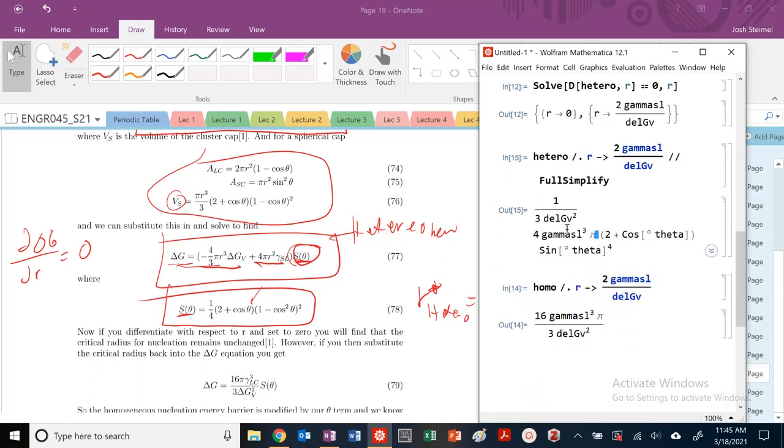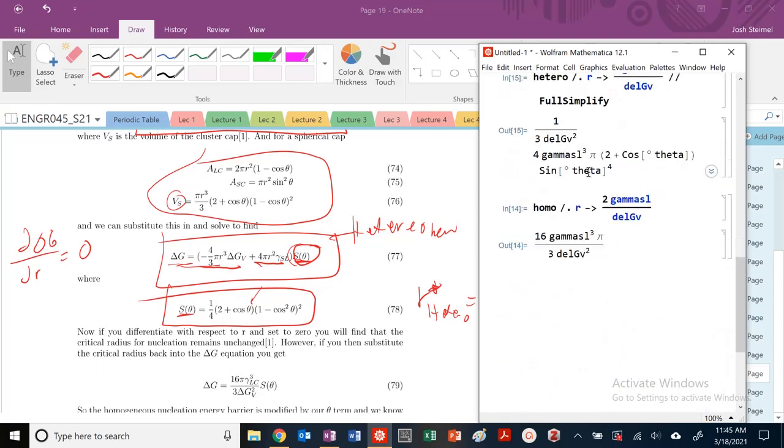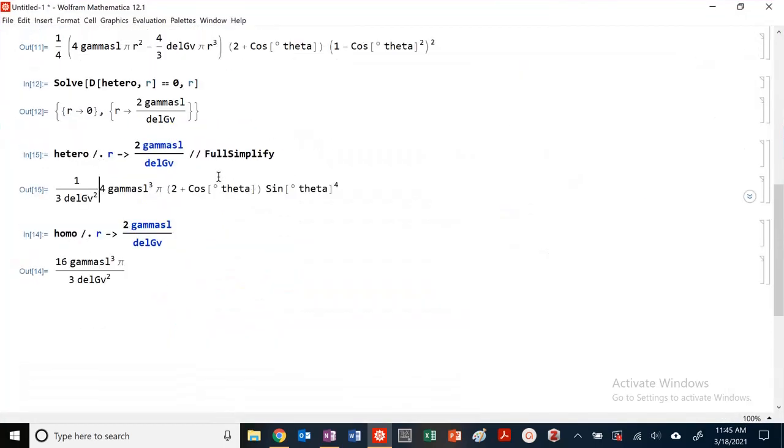So you could see that this value is going to be slightly different than this one here. What you're going to find when you actually plug this in and multiply everything out is that this will be lower. So our heterogeneous nucleation is lower at this energy than here. You can see that from our expression. Let's blow this up a little bit because I don't like ads.